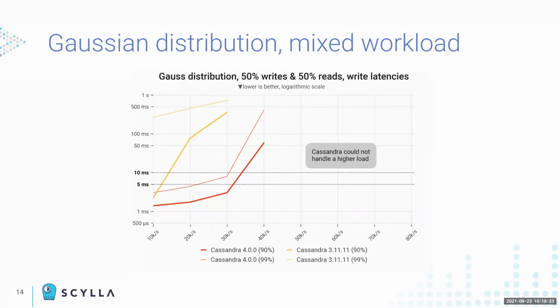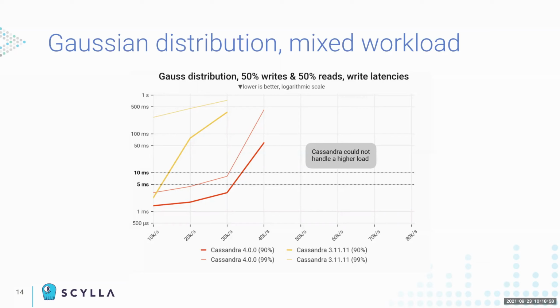Looking at those results, as you can see, the Cassandra 3 latencies are worse than Cassandra 4, especially if we look at the 99 percentile latencies. Those are the lines that are a bit thinner. The 99 percentile latencies of Cassandra 3 hover around 500 milliseconds, so half a second, which is not a great number to achieve.